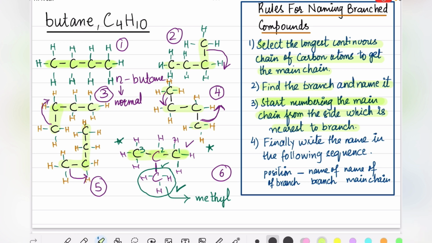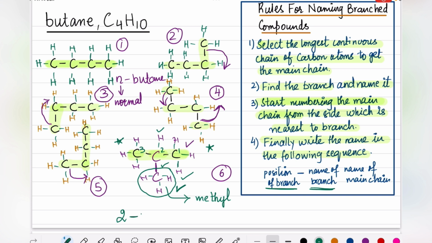Now finally write the name in the following sequence. What is the sequence for naming the branched chain compound? First is the position of the branch. Position of the branch means to which carbon atom it is attached. The branch is attached to carbon number 2 here, so we will write 2, then a dash, a hyphen, then the name of the branch.